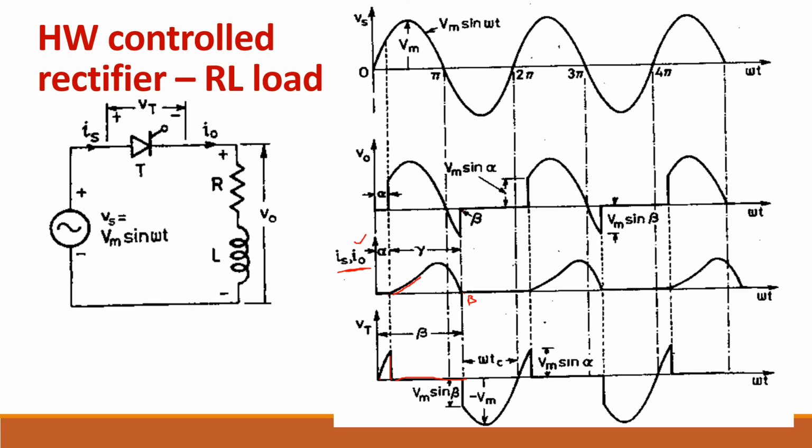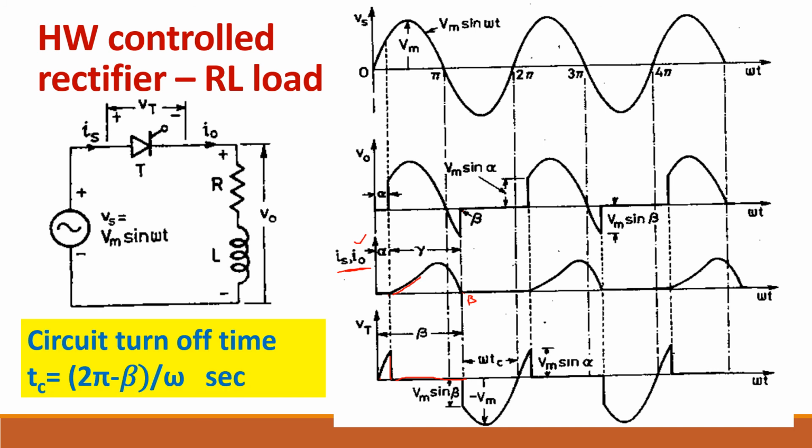In this case also, the circuit turn off time is (2 pi minus beta) by omega.